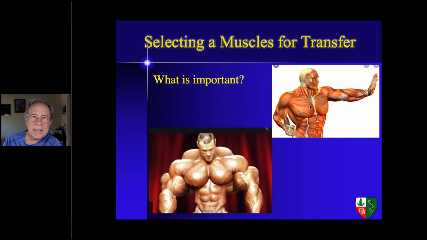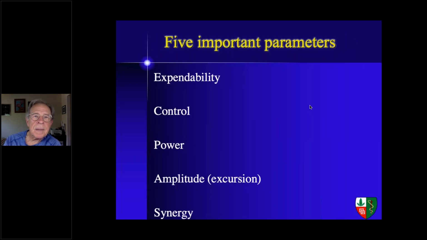So let's talk about selecting a muscle for transfer. What's important? There are 5 important parameters. There are many more, but I think these are the important ones to keep in mind. The muscle has to be expendable, and it has to be under good voluntary control. And generally, it has to have always been under good voluntary control to do a really good job.